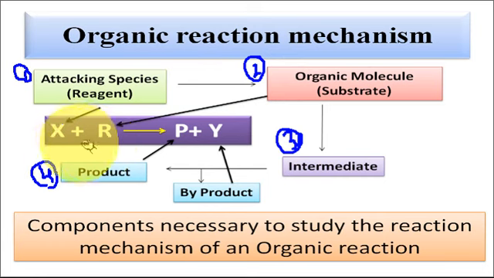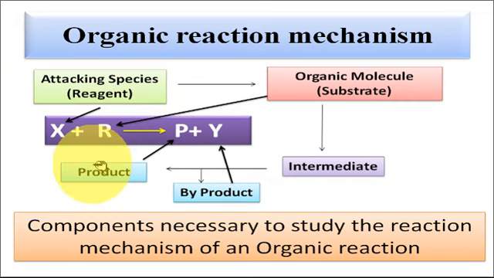So when the attacking species or reagent attacks the substrate, that is the organic molecule, this leads to the formation of various kinds of intermediates, and ultimately these intermediates are converted into the final products, and sometimes some byproducts are also formed. So this is the simple elementary reaction.